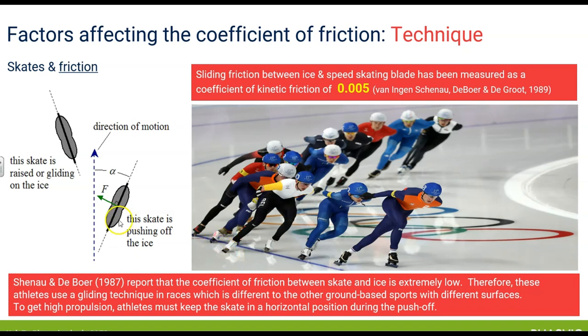So in that moment where the blade's turned a bit sideways, they push off the ice, they dig their blade in a bit, they create static friction, which then propels them forward. So speed skating is a mixture between static friction every time they take a stride to push themselves, and sliding friction or kinetic friction when they're just motoring along and literally sliding on the blade. Quite a nice, different example, again blending a couple of different types of technique.